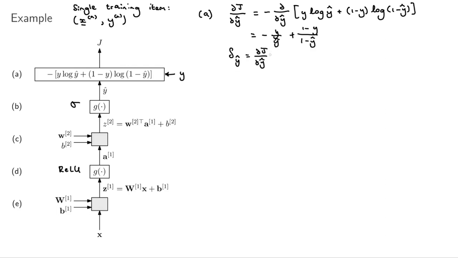And of course, it's also dependent on the specific training example. So if we had a different training example, then y hat would be different. To denote that, I'll write here that we're calculating the partial derivative of j with respect to y hat, where at this specific point x is equal to xn, y is equal to yn.